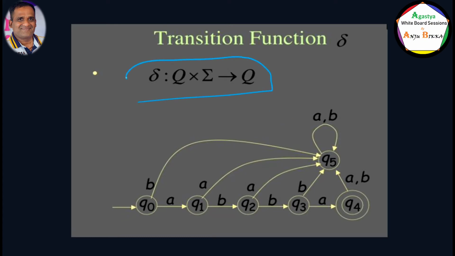The transition function takes the current state and the current input, and gives the next state. So this is defined from current state and current input to the next state.